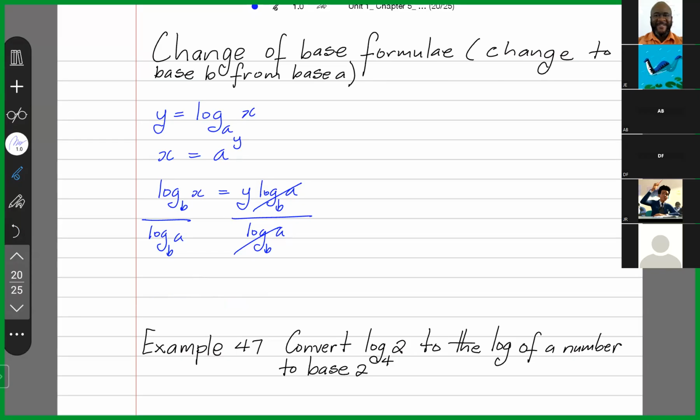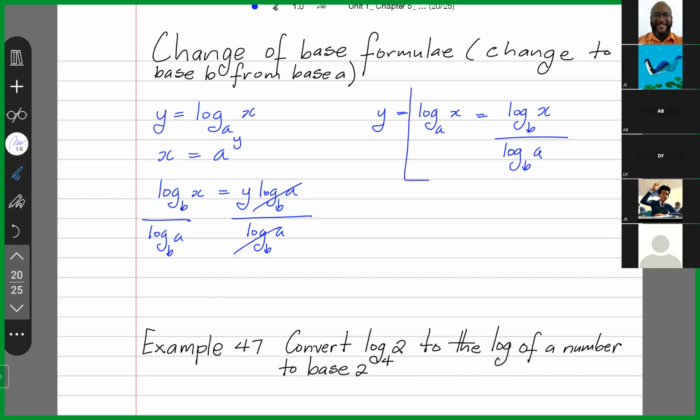All right, so what we have is if we divide both sides by log to the base B of A, we're going to get y, which is log to the base A of x is equal to log to the base B of x divided by log to the base B of A.